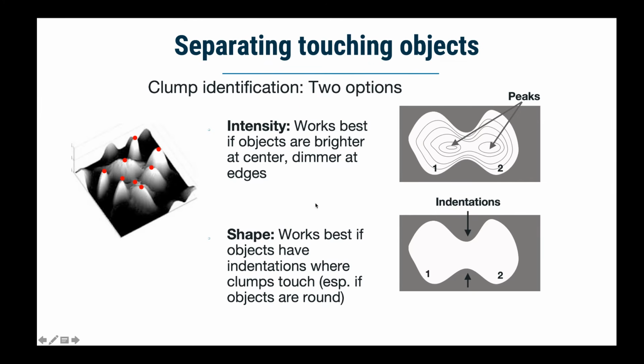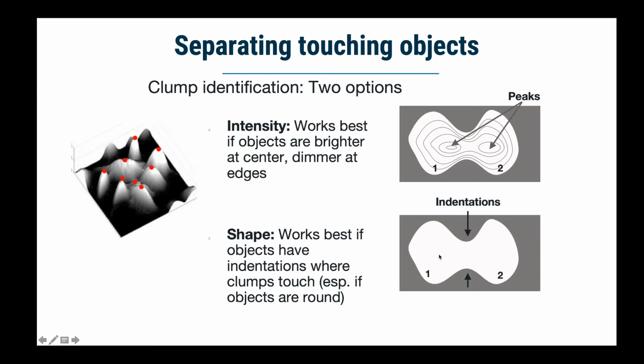The other way we can do this is if we know our objects are roughly round or blob-like, we can say that we want to break this into roughly round or blob-like objects by saying the centers are the points that are furthest from any edge. Now that is true in a circle. The furthest point from any edge is the center of the circle.